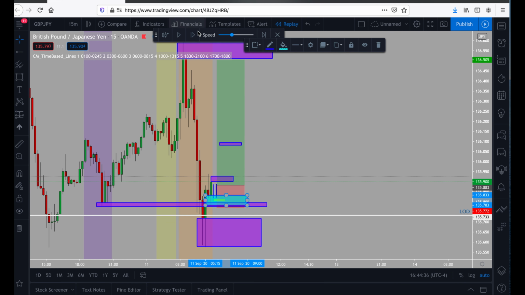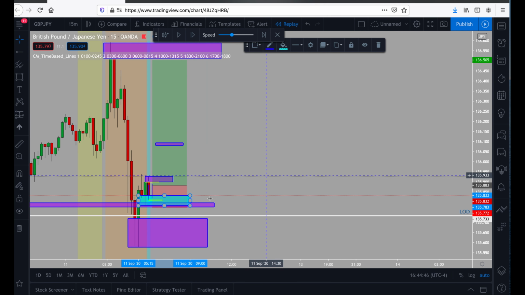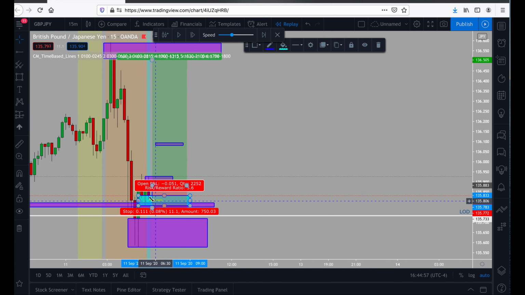So let's play this. I was waiting for price to come down into this blue box area here, and as you can see, this little yellow line right here that I had drawn across, price couldn't go beneath this area. So that was telling me that bullish movement was going to continue.